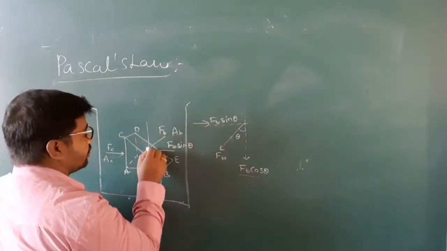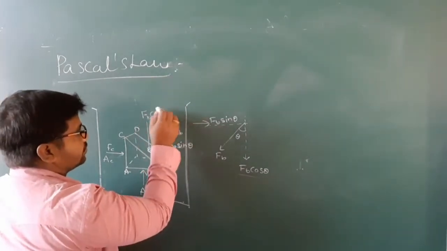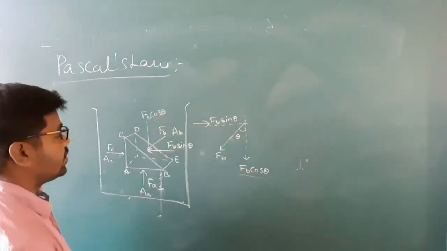In this way we get FB cos theta and FB sin theta.